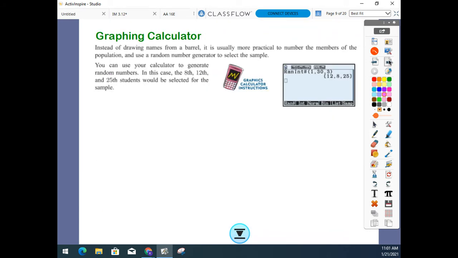Okay, so you can actually generate random numbers on your graphing calculator. If you go to Math and choose the Probability tab, the first option there is Rand, and that's for random. What this example shows is we're choosing a number.